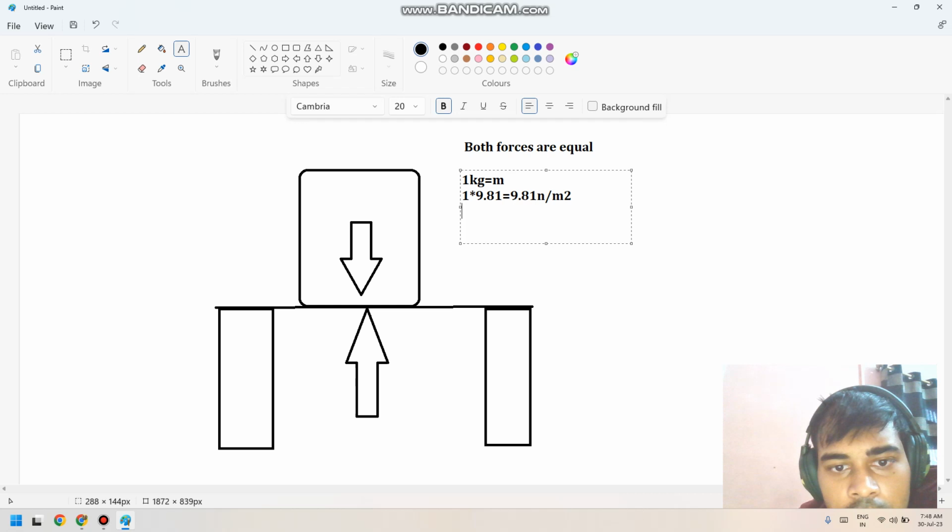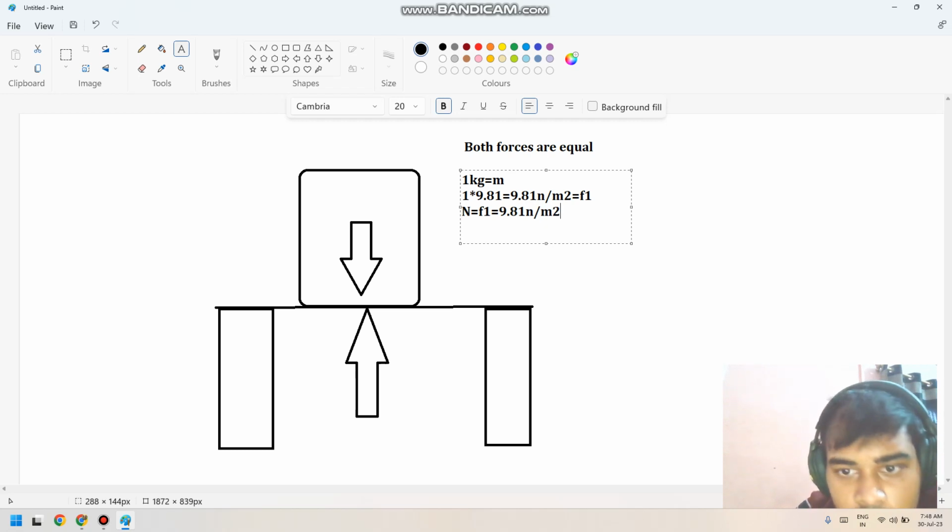Did you get it? That will be equal to the force by gravity. Suppose it is F1. And F2, or you can say normal force, will be equal to F1. That will be equal to 9.81 Newton.